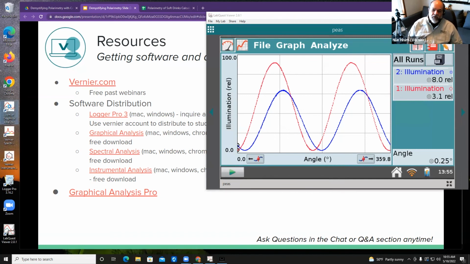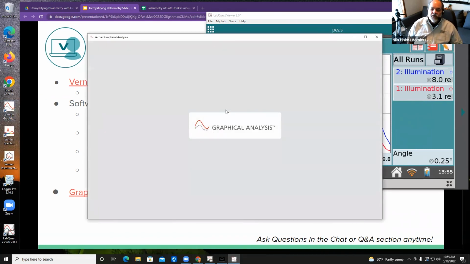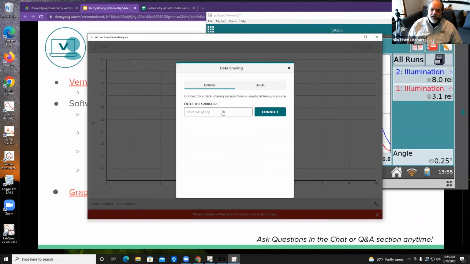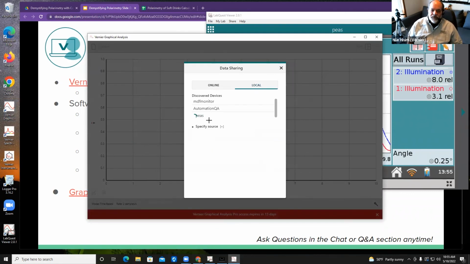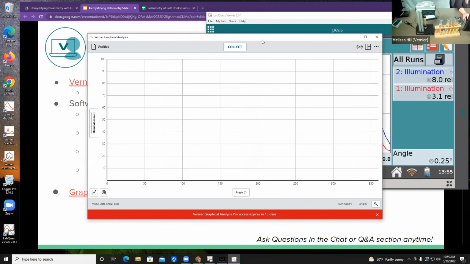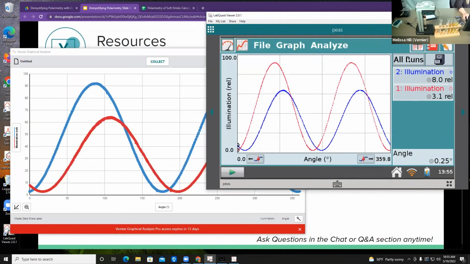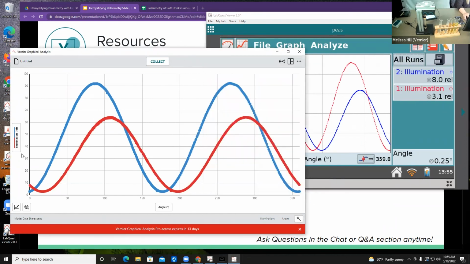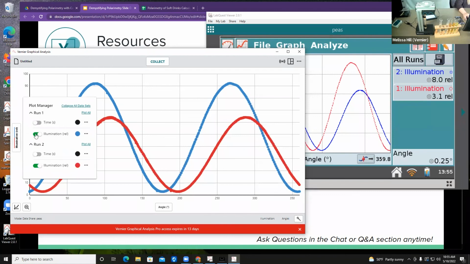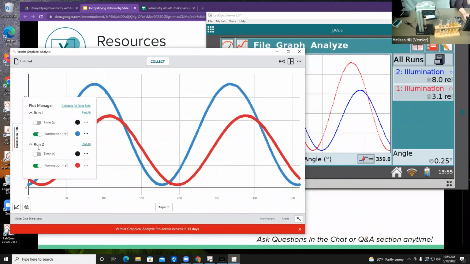You can also split them into separate graphs if you want. I showed it on LabQuest here by selecting all runs. To change what you see in Graphical Analysis or in Instrumental Analysis, you click on the y-axis label and turn runs on and off that way.